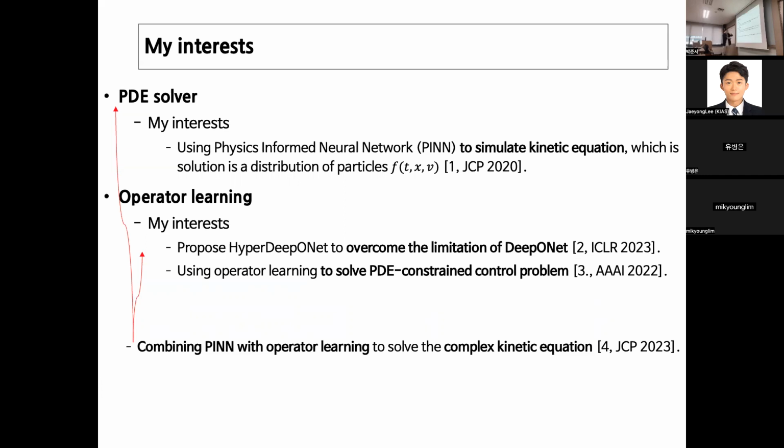And the second is operator learning: first, to improve and generalize DeepONet, and also to use operator learning to solve PDE-constrained control problems. And finally, I'll briefly introduce a combined algorithm using PINN with operator learning to solve complex PDEs. So today I'll explain my research.